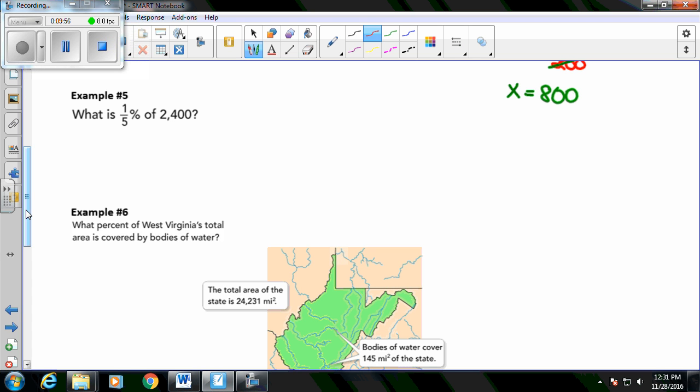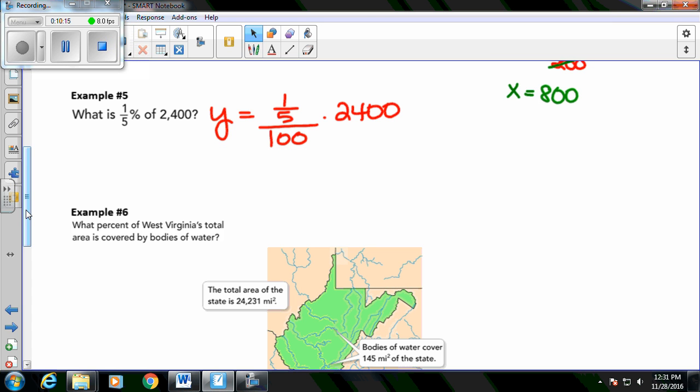Okay, what is 1/5 of a percent of 2,400? So let's do our formula. Y equals the percent, 1/5 over 100 times 2,400. Actually, you know what I'm going to do? I know you guys know that 1/5 is 0.2.